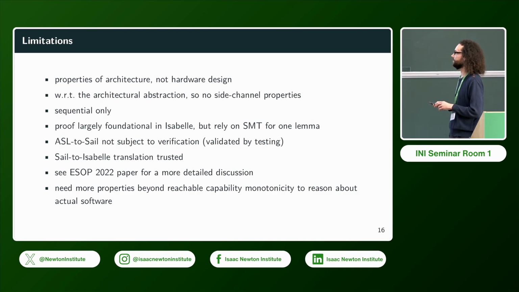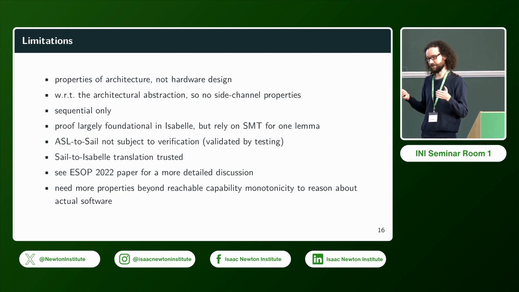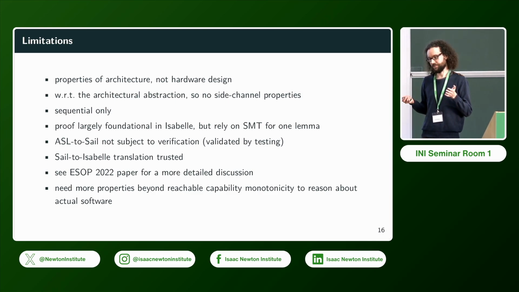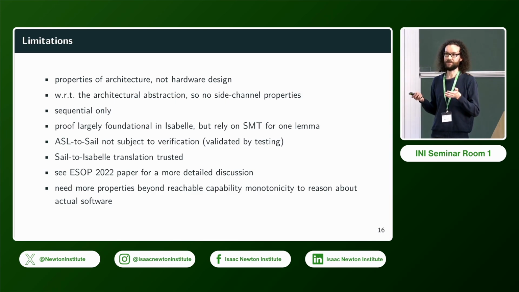And there's some more detailed discussion in the ESOP 2022 paper, if you want to look into more detail on this. I guess for the purpose of this talk, the main limitation is that while this is an essential security property that you definitely want, if you want to reason about actual code, then you need something more. And for that, I will hand over to Angus.